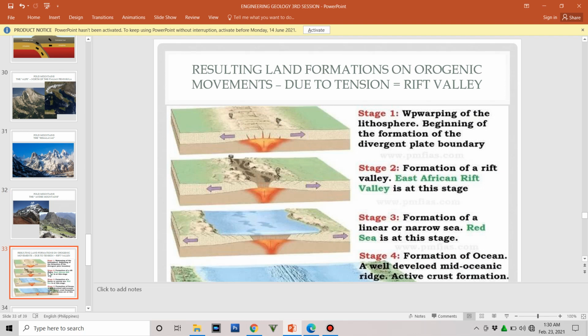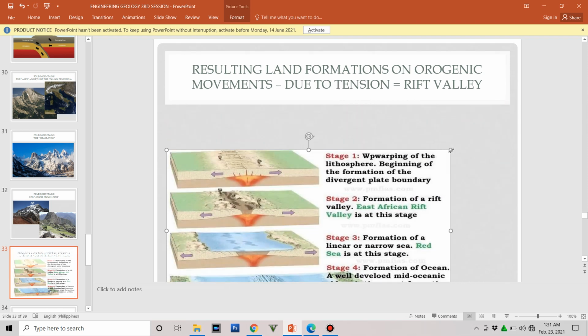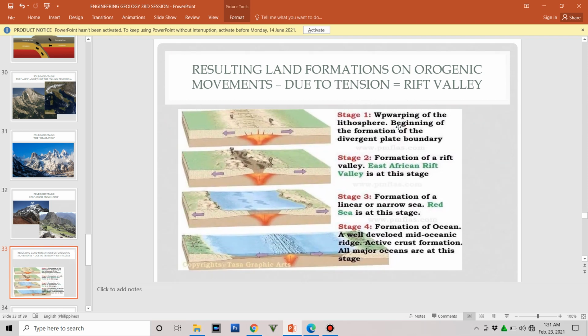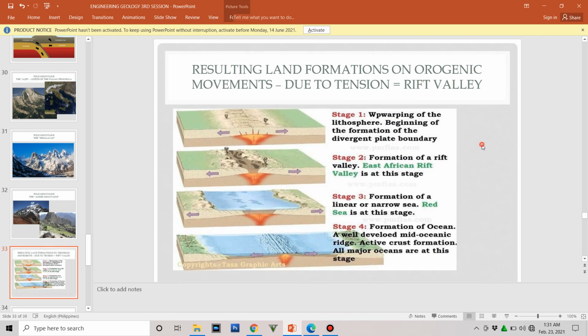Moving on, we have land formations due to tension. So this will result in Rift Valley. So we can see here on our slide figure, there are 4 stages. No? Stage 1, magwa-warp muna yung lithosphere. Okay? So wala pang separation.